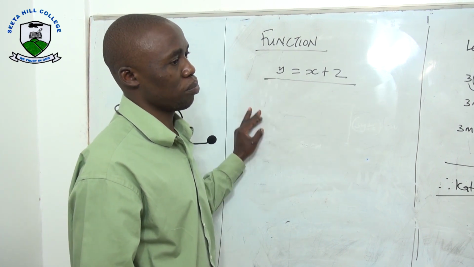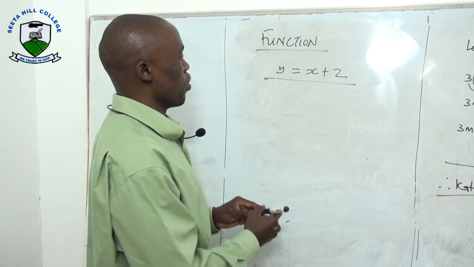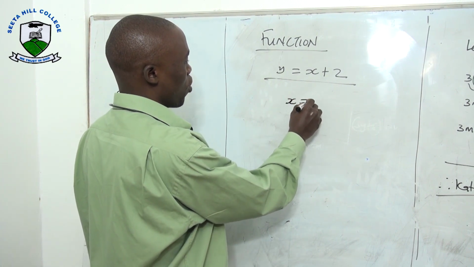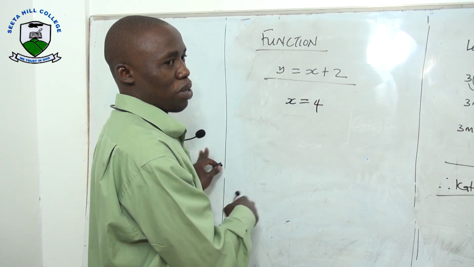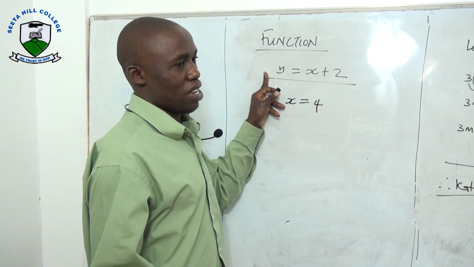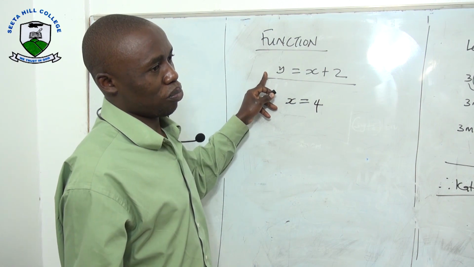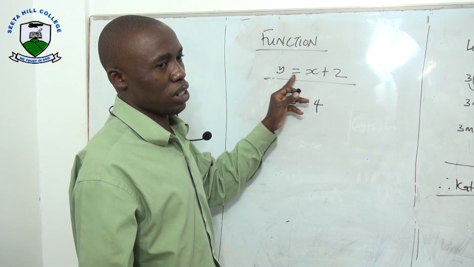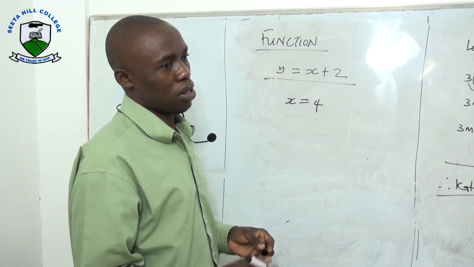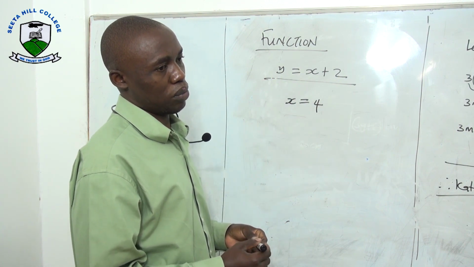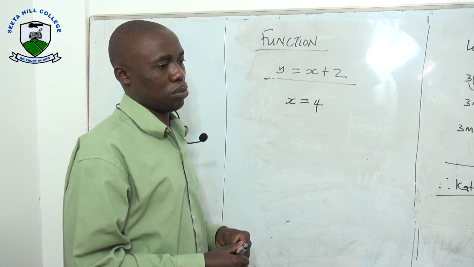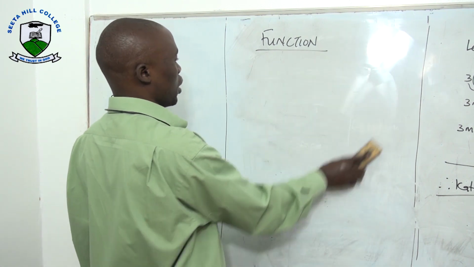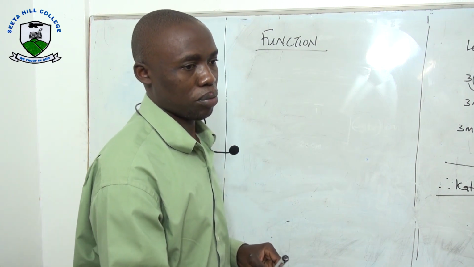That means if I know the value of x, like if x was 4, you would be able to get y. Now, a function is just a relationship between 2 or more variables. A relationship.